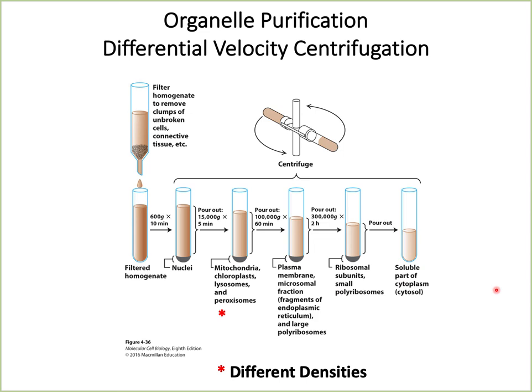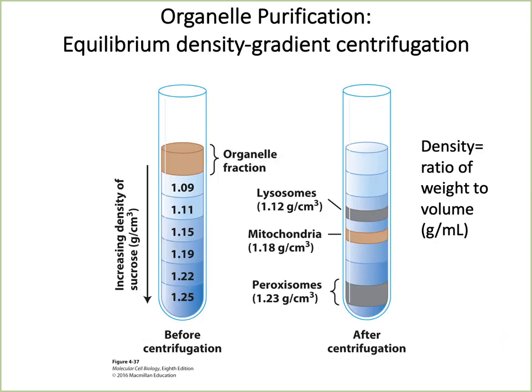which is known as equilibrium density gradient centrifugation. A characteristic feature of this type of centrifugation is that it takes place through a density gradient, from a low density material on the top to a higher density material at the bottom.